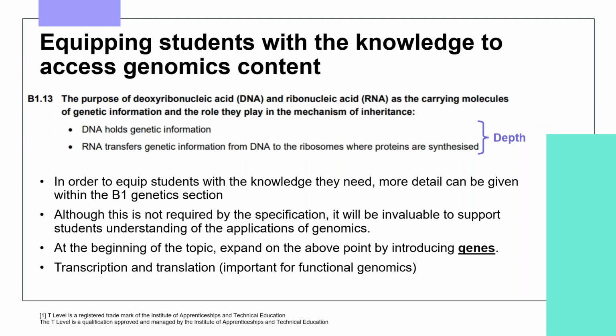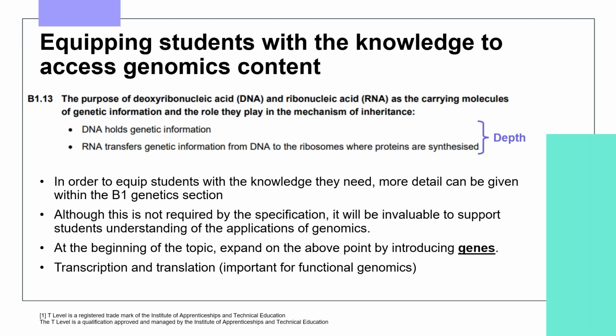So although this is the first mention of genomics, in order to fully understand its applications within B2, it's beneficial to go into more detail within B1 genetics in order to help equip students with the knowledge they need. Now, this isn't required by the specification, but it will be invaluable to support students' understanding of the various applications of genomics they will go on and cover within B2.